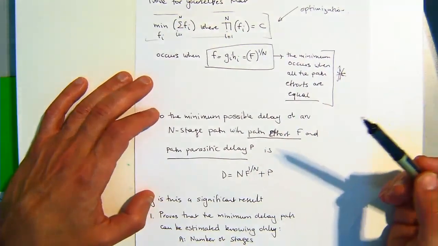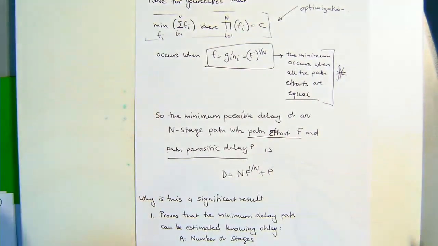If we've got n stages, all we're saying is we're going to make each stage approximately equal in path effort. That's the only way that we can get the highest performance, or the minimum delay.